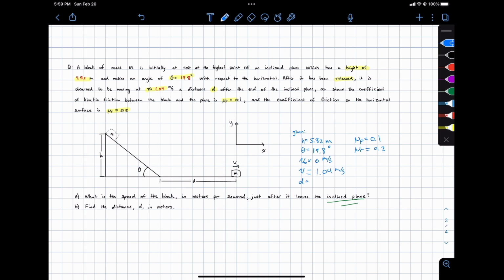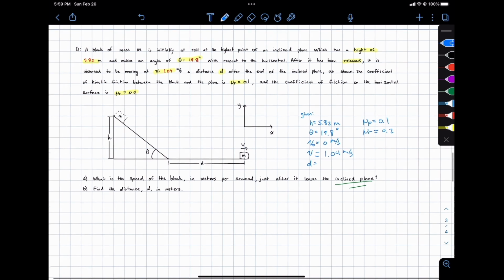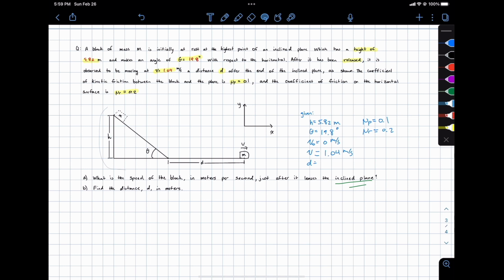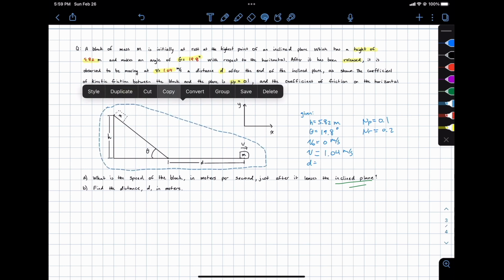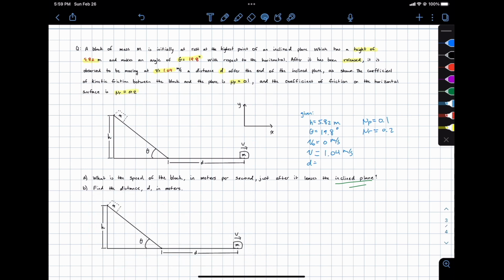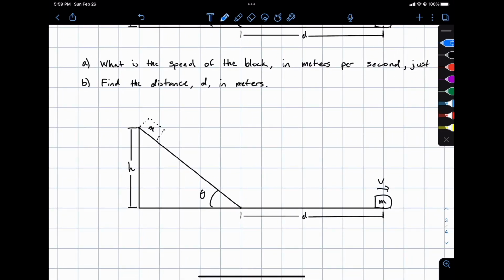The second thing I like to do before we even start the problem is draw a free body diagram. And here's why, I'll show you in a bit. Let me first copy and paste this. Okay, so given this mass over here, we have gravity always pointing downwards, normal force pointing perpendicular to the surface of a table or plane or whatnot, and we have a friction, right?